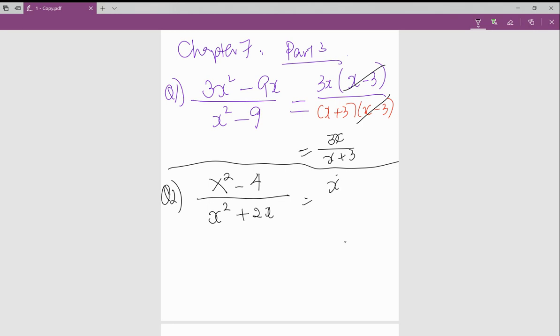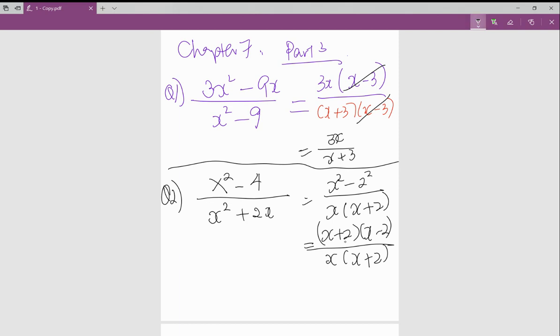I can write it as x squared minus 2 squared over x(x plus 2). The numerator I can factorize as (x plus 2)(x minus 2) divided by x(x plus 2). Then I'm going to cancel the common factor, and the final answer is x minus 2 over x.